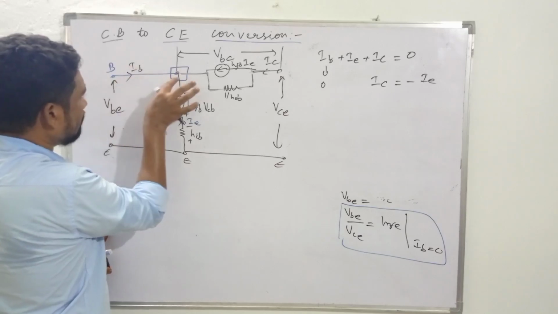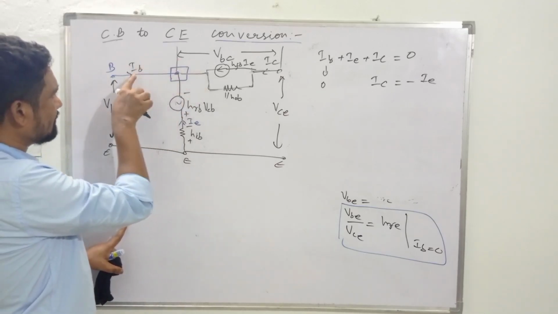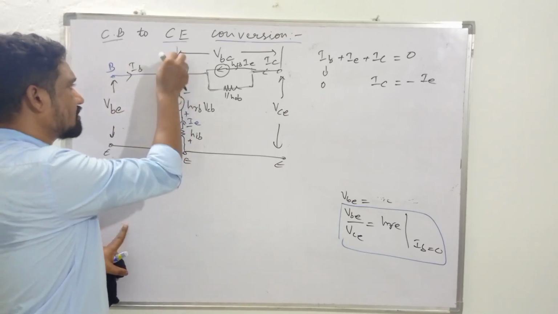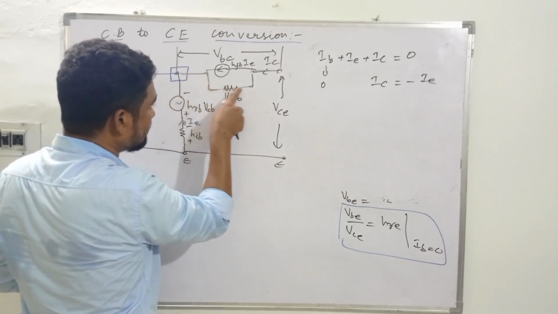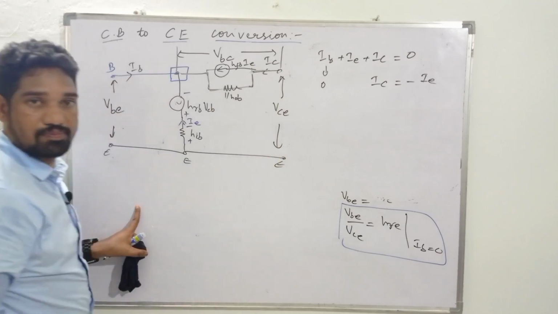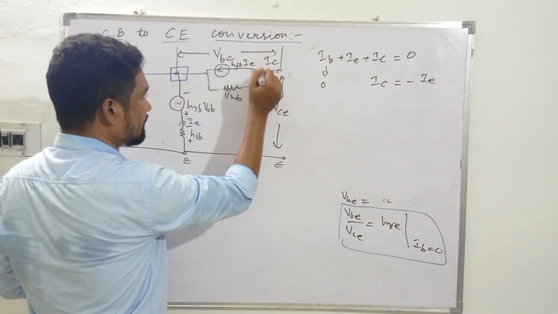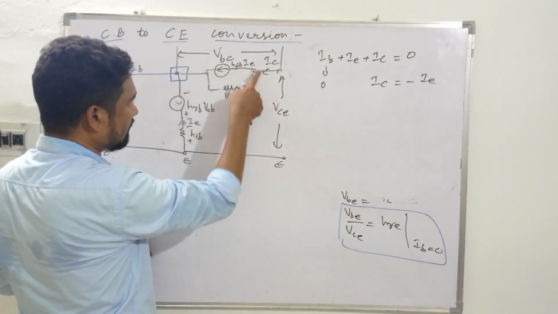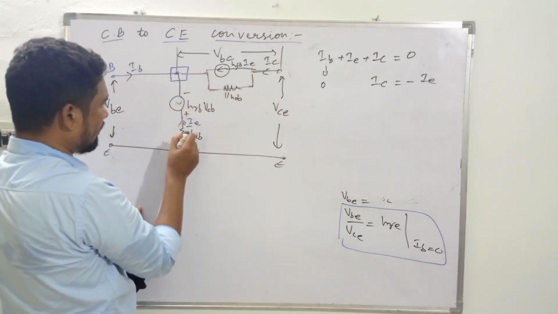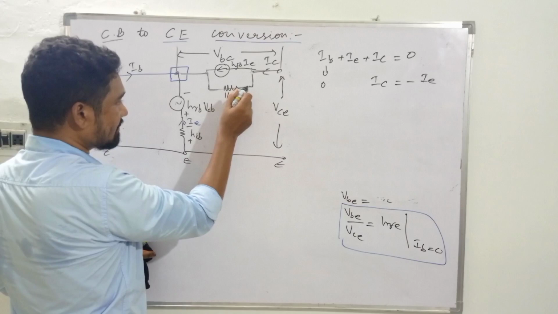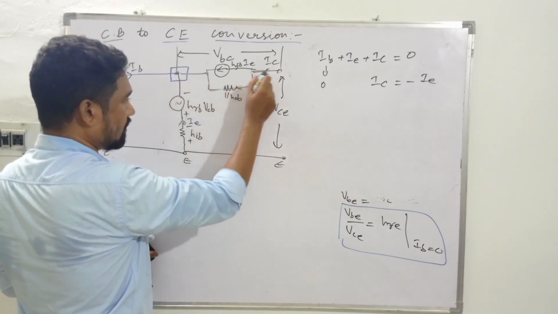So do this IB and IE get to 0 over here? No, that will be flowing to this side to the load resistance, right? IC is flowing over this side. It may get split into this part, but the point is IB and IE will be flowing against this, which will be the load current.